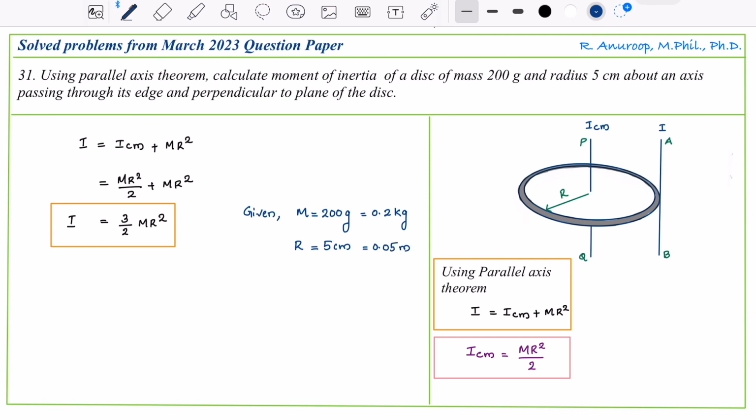Substitute these values in the equation of I. We have I is equal to 3 by 2 into 0.2 into 0.05 square and this is equal to 7.5, that is I is equal to 7.5 into 10 raised to minus 4 kilogram meter square. This is the moment of inertia of the disk about an axis passing through its edge and perpendicular to the plane of the disk.